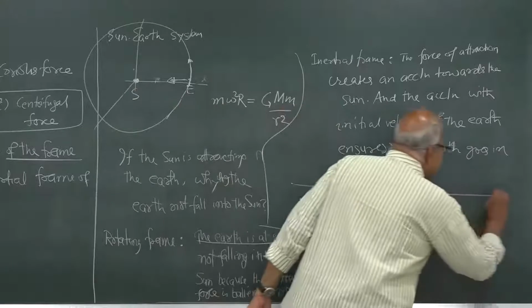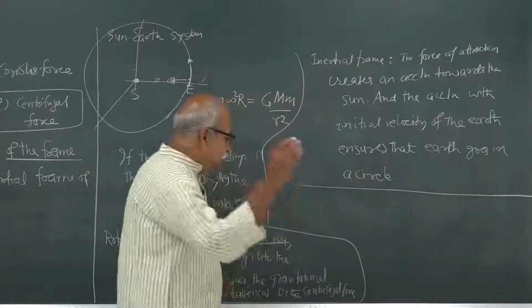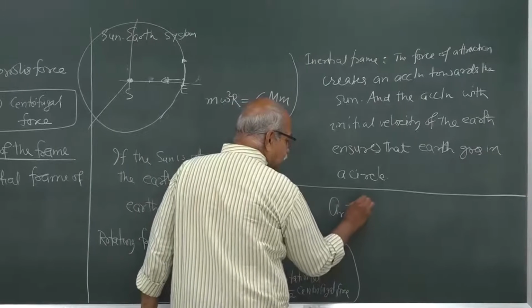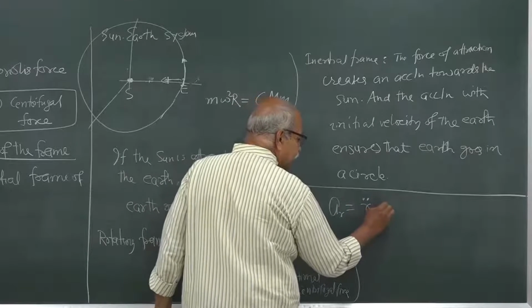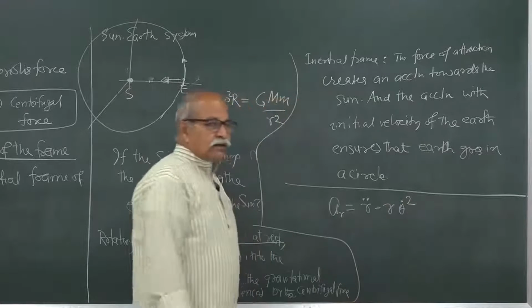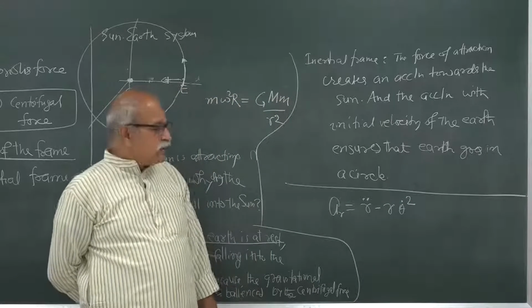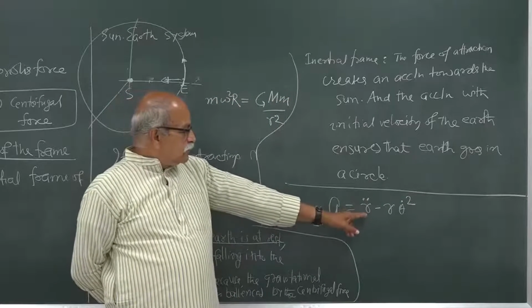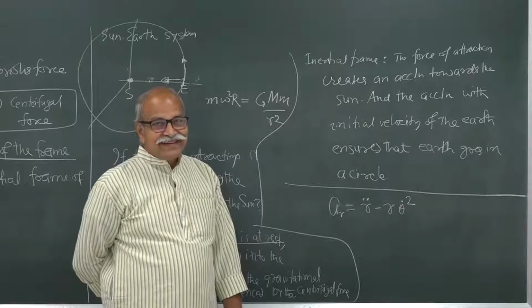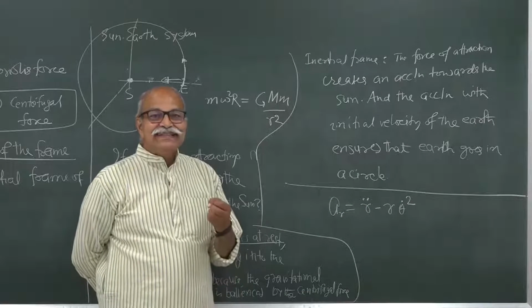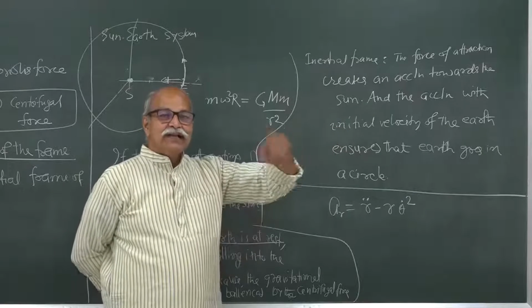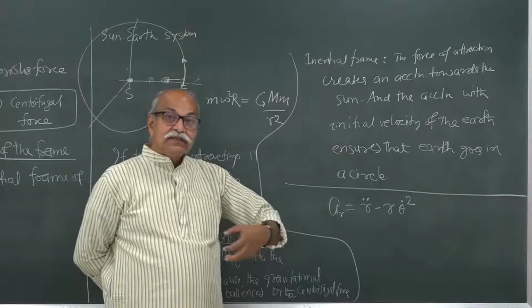On the other hand, you can also think that you remember the radial acceleration is r double dot minus r theta dot square. Okay. So, r double dot is the rate of change of r dot, and if initially r dot is 0, r has some value, r dot is 0, r double dot is also 0.